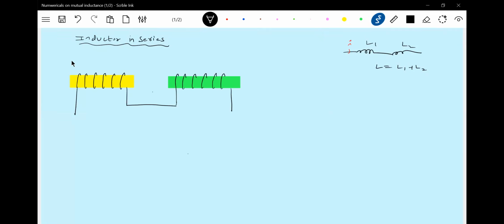Let me send a current I through it. This current I, only in one of the turns, I will show it here. This is having self-inductance L1, and this L2.